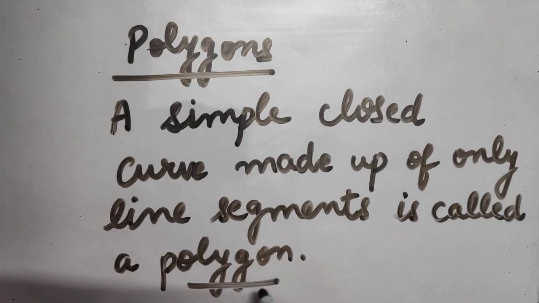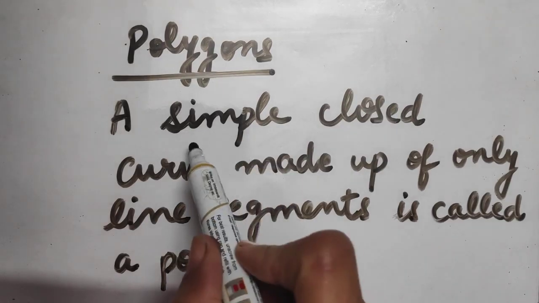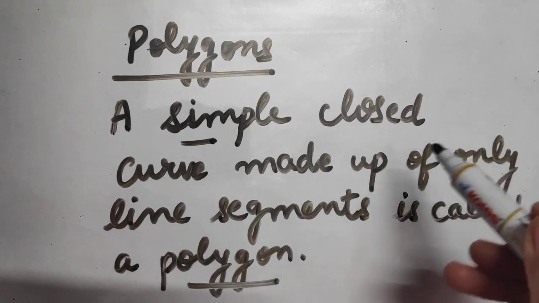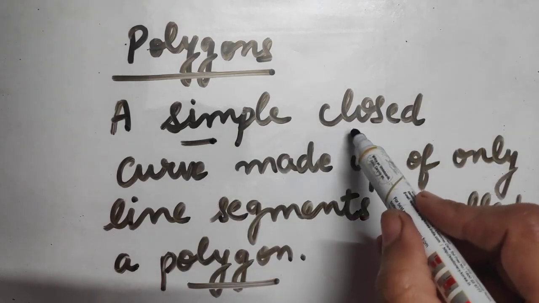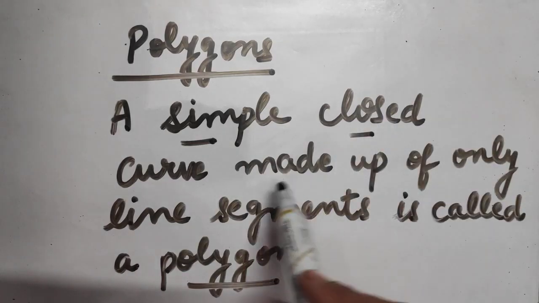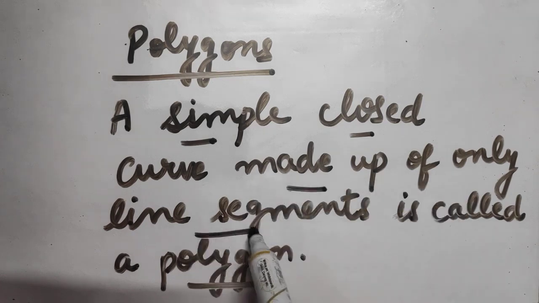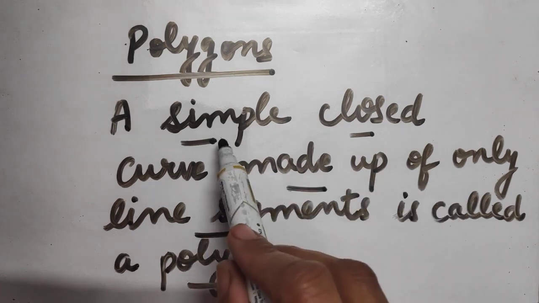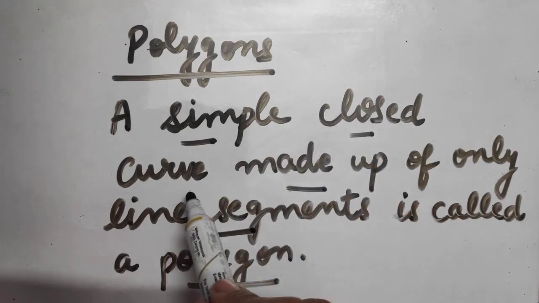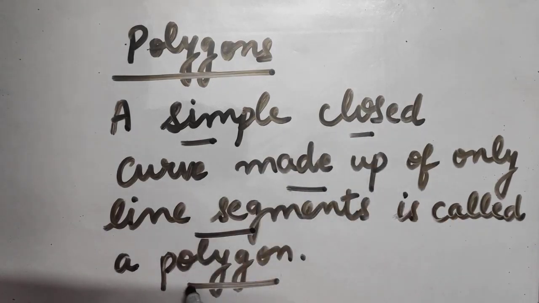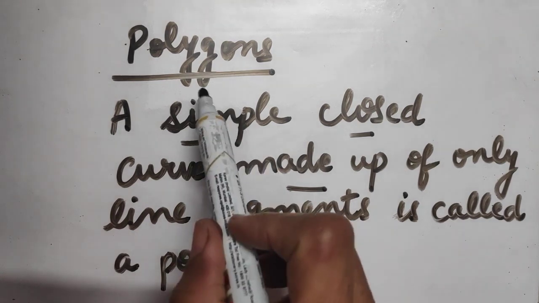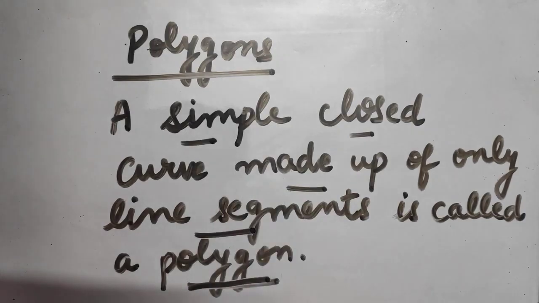There should be three characteristics of a polygon. Firstly, it should be a simple curve. Second, it should be a closed curve. Third, it should be made up of line segments. So, we have learned the definition of a simple closed curve, and that is how we can find out which curves are polygons and which curves are not polygons. So let us see a few examples of the figures wherein you can find out the polygons.